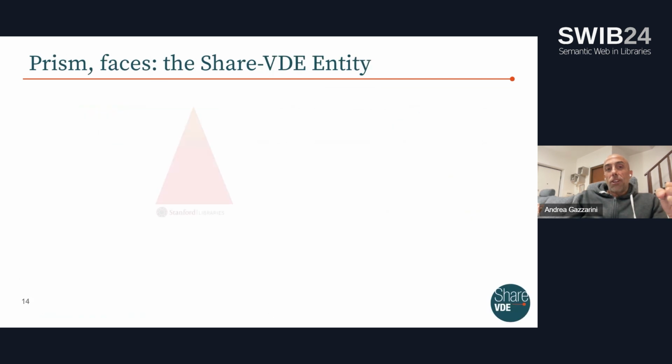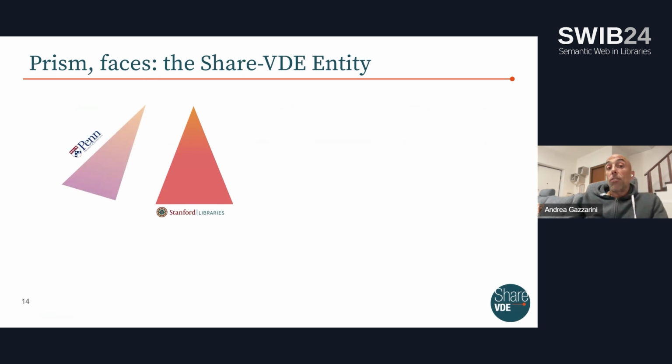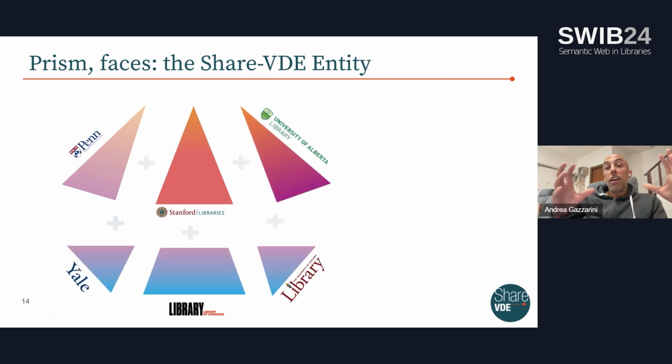So, for example, here's the triangle of the first library, Stanford, for example. This is the instance triangle for the University of Pennsylvania, and so on, Alberta, and so on. The pre-processing components understand that all of those triangles belong to the same entity, an instance in this example.